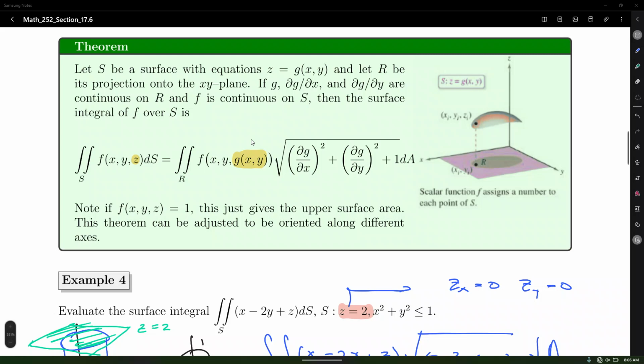So one of those variables, what is that? Z or x or y, depending on whether we're projecting onto the xy plane, onto the yz plane, or the xz plane. We did a couple of examples.